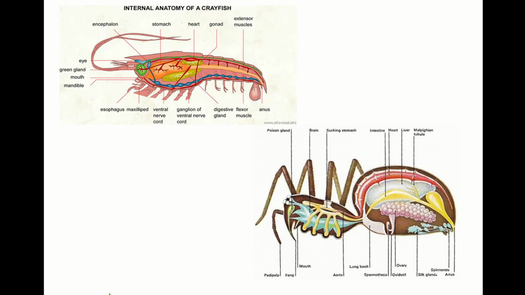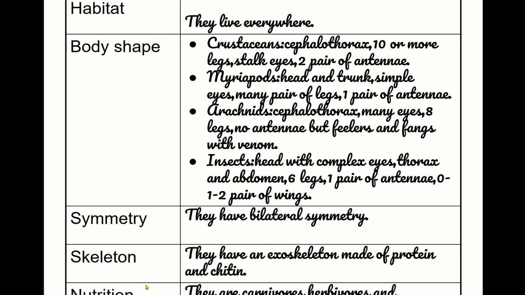And nutrition: they can eat everything, so some are carnivores, some are herbivores, and some omnivores. In reproduction, remember that they have sexual reproduction, and insects also have metamorphosis.